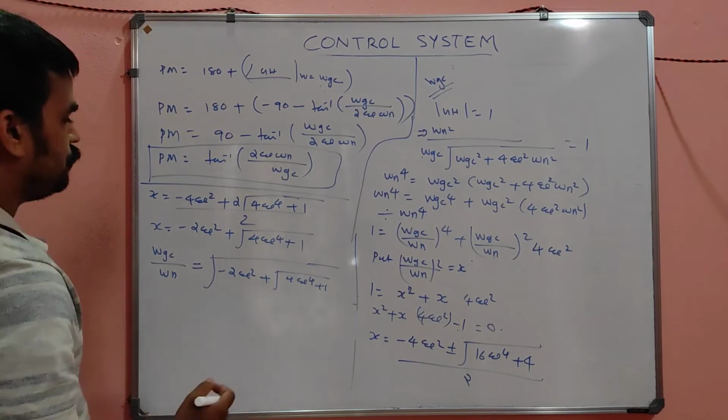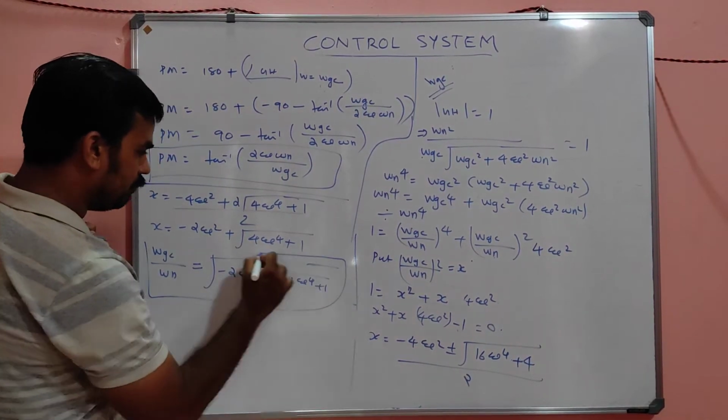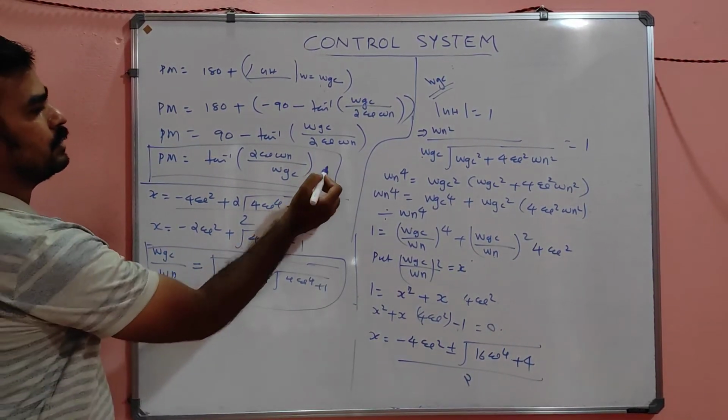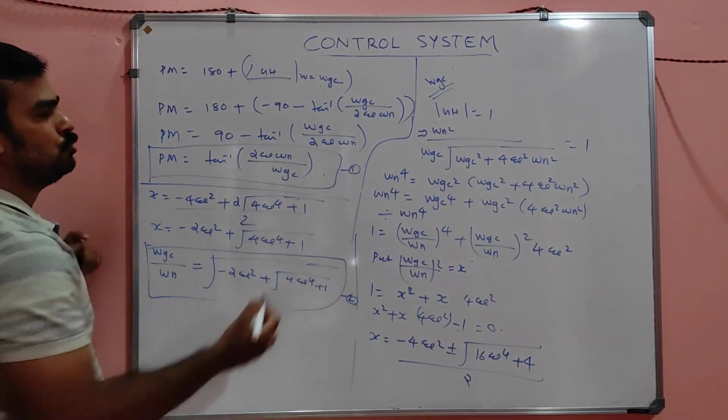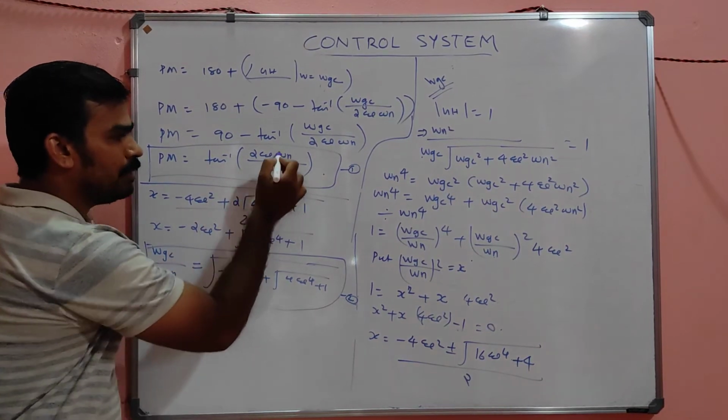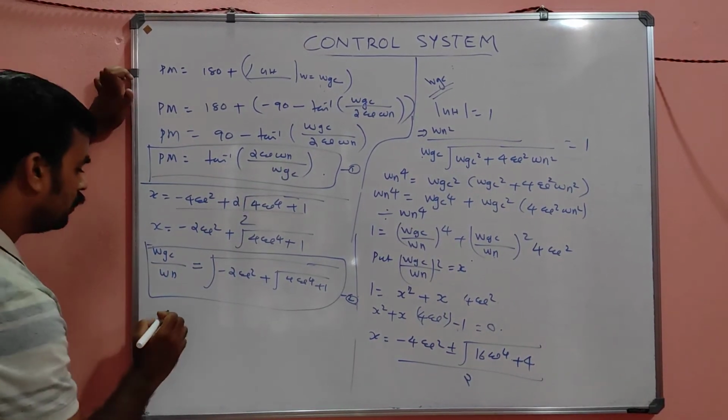So now substitute this omega gc by omega n value in this equation. Suppose this is equation number 1 and this is equation number 2. Substitute 2 in 1. This omega gc by omega n, you have something now. That's why I did all this.